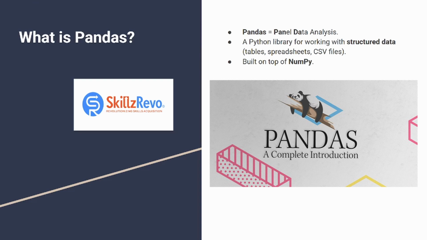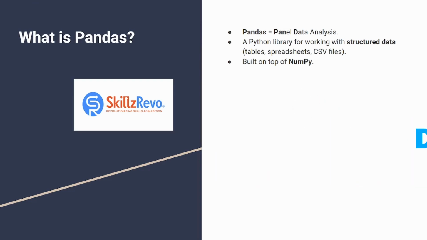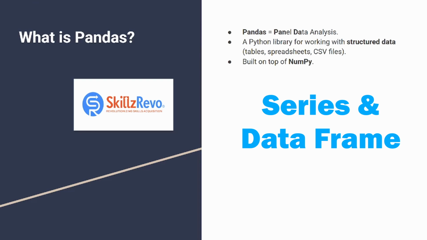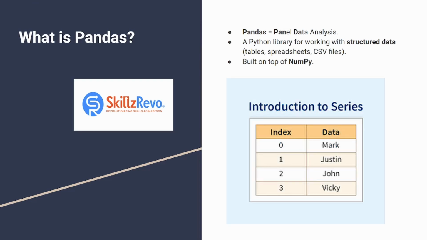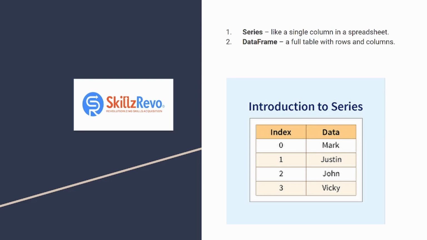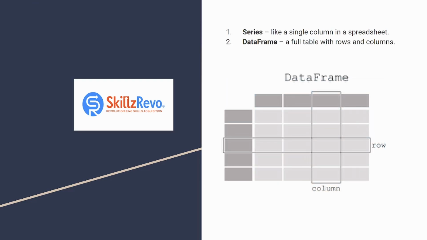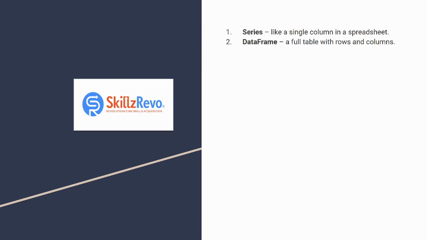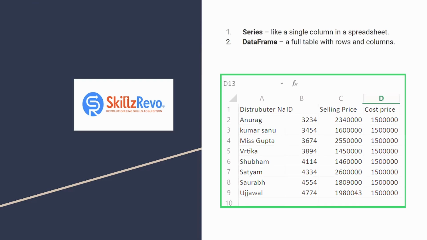There are two main things present when we talk about pandas: Series and DataFrame. A Series is a single-column spreadsheet, and a DataFrame is a full table with rows and columns. We can relate this with one example. If we have a list of products with prices and sales numbers, pandas can turn this into a structured table.